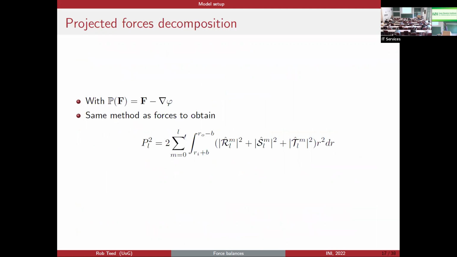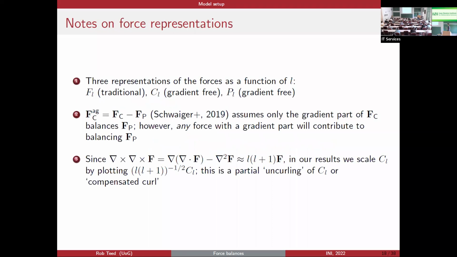Right, and then just the highlights. When we calculate this, we can then do the same method as before. So now we've got a different vector field. We just calculate PL. This is now a length scale dependent projection of the forces.